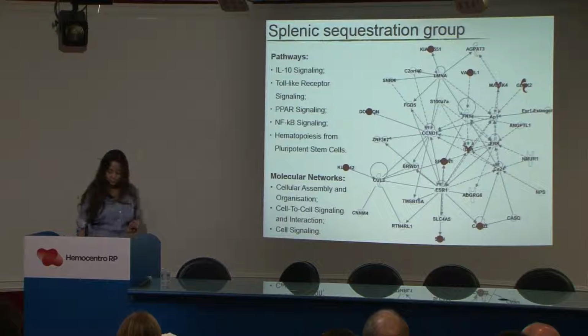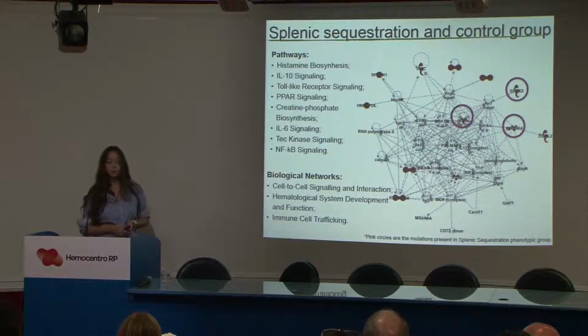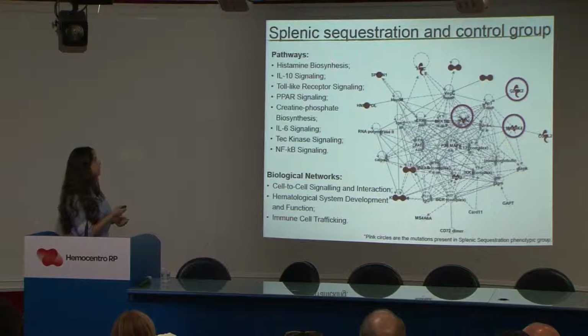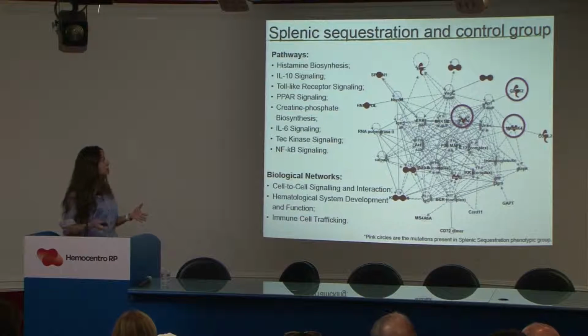And then when we enrich these genes with the control group mutated genes, we can enrich histamine biosynthesis, which is involved in vasodilatation. So maybe it is really involved in the disease too.